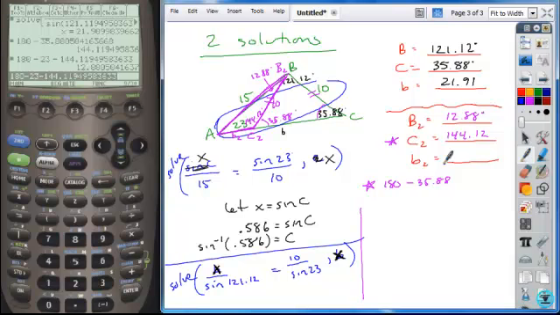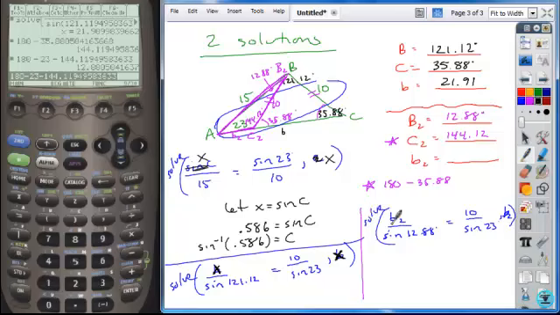Okay, and so the last step here, we set up our law of sines once more for B2. B2 is our unknown, so B2 over the sine of the angle opposite it. Now that new angle became 12.88. We just solved for that. Set it equal to the same ratio that we just did prior to this, 10 over the sine of 23. Use the solve feature on our calculator.